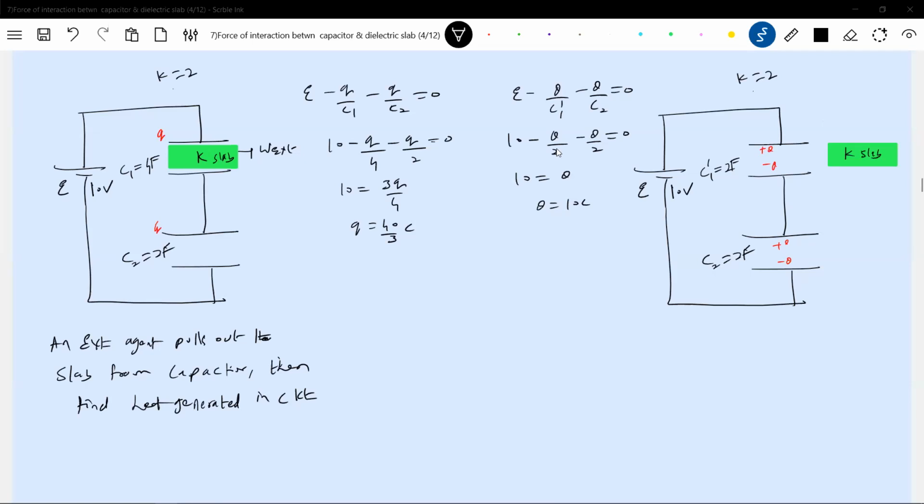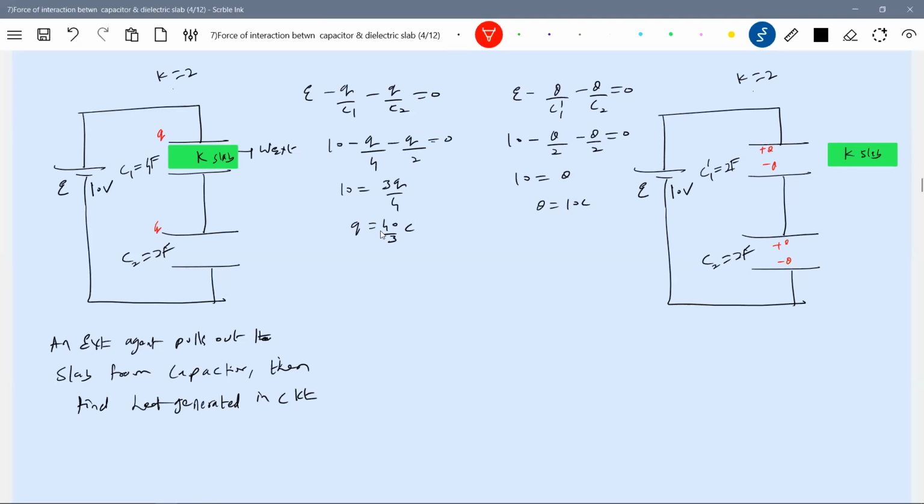So again, we'll enter into our old method, the first method: the initial energy plus work done by the cell, plus work done by the external agent, equals final energy plus heat generated. We'll solve for H. First we have to calculate the initial energy. U_I equals Q square by 2C1 plus Q square by 2C2. Q is 40 by 3. C1, C2, we can simplify: 1 by 2 plus 1 by 4 is 3 by 4.